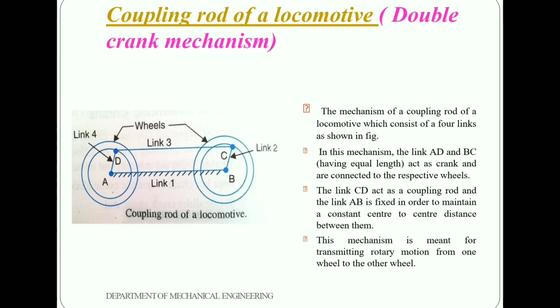Since links 1 and 3 work as 2 cranks, the mechanism is also known as the rotary converter. This mechanism is used to transmit rotary motion from one wheel to the other wheel. It is called the coupling of locomotive wheels, or the double crank mechanism.